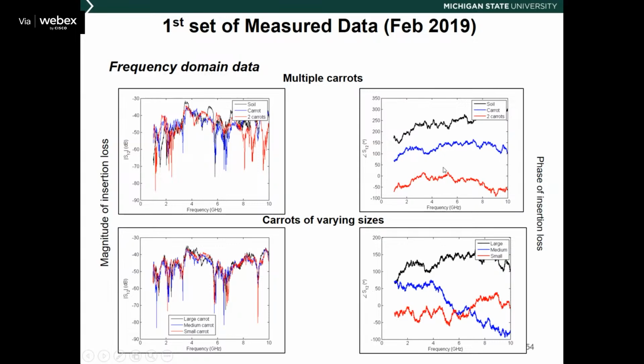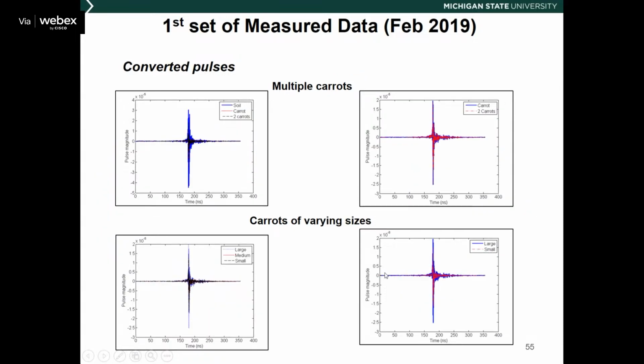The phase information gives you more interesting differentiation. For carrots with different sizes, you can also see some difference from large, medium, and small, and at certain frequencies you have a monotonic relationship, right? So this is some interesting result we got.